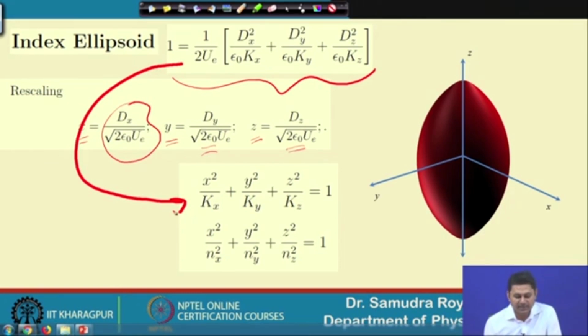After doing the rescaling, I have an expression in terms of x, y, z. Assuming x, y, z is my coordinate system, like dx, dy, dz, because dx, dy, dz is nothing but the x, y and z components of the d vector.